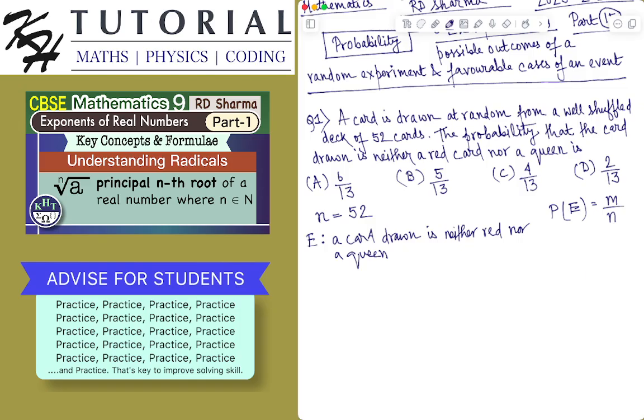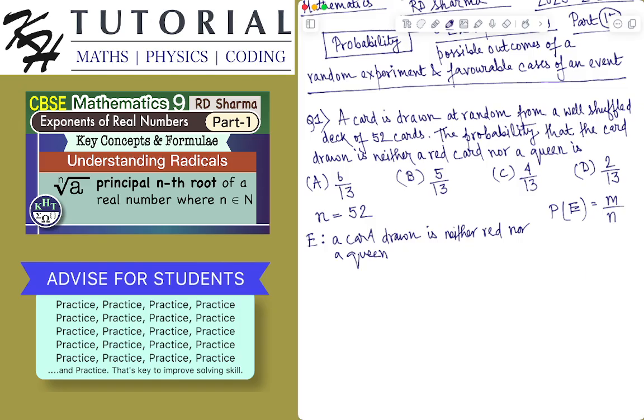The event says that the card drawn is neither red nor queen, so the card cannot be red. It can be black, but it cannot be a queen.